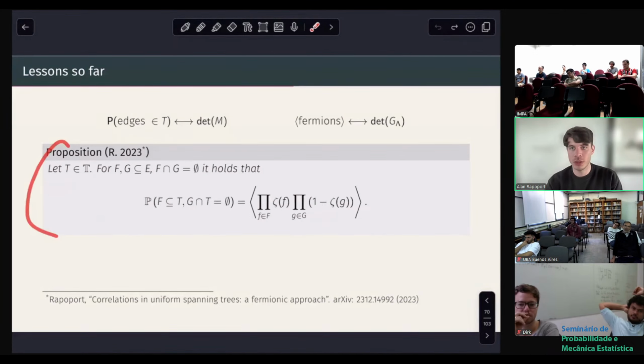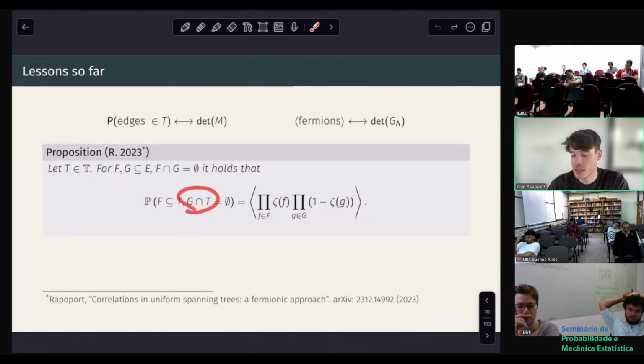And then, well, here we do require some inclusion, exclusion, and combinatorics. We obtain a result which tells you if you want the edges in F and you do not want the edges in G, take the Fermionic mean value of what? Well, add as many of these atoms, the zeta, as edges you have here.